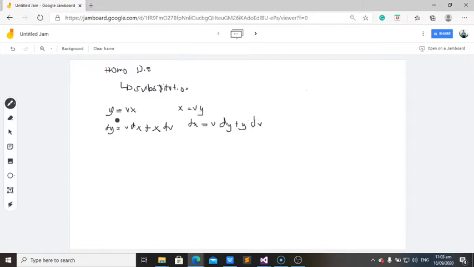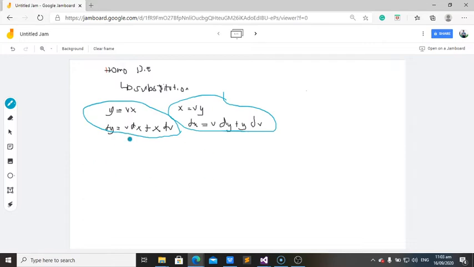Okay, so these are the values that you will be substituting in your given differential equation.